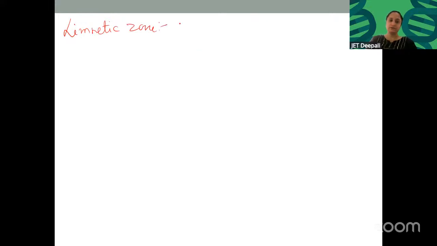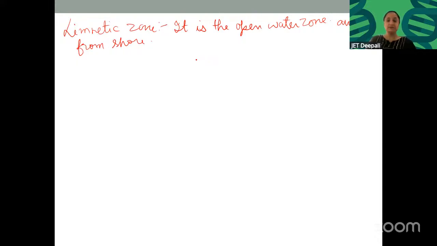It is the open water zone away from shore. It extends up to the effective light penetration level vertically. The imaginary line that separates the limnetic zone from the profundal zone is known as the compensation point.